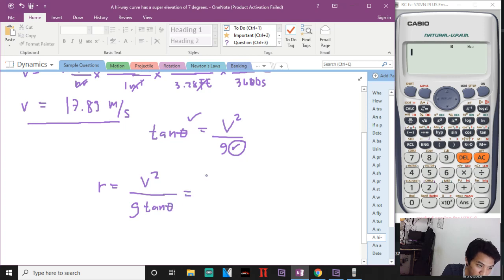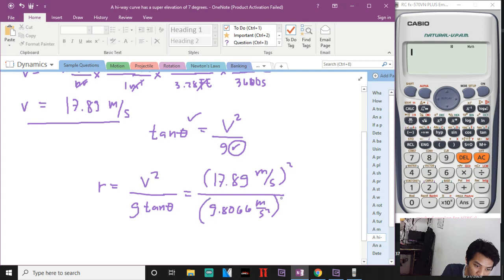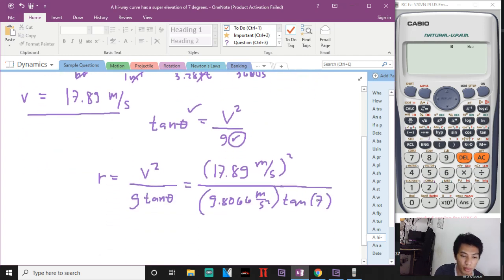So, V squared is 17.89 meter per second, square mo to. Tapos, meron kang G na 9.8066 meter per second squared. That is the gravitational constant. And then, tangent theta. Tangent 7 degrees. That is the super elevation ata. Super elevation of the road, or the grade of the road.